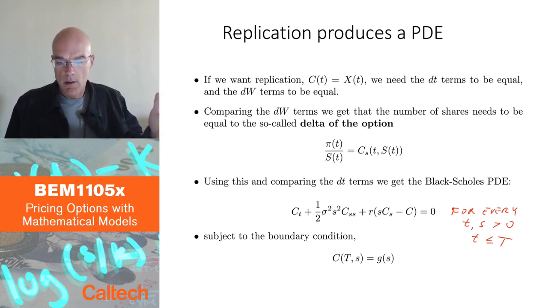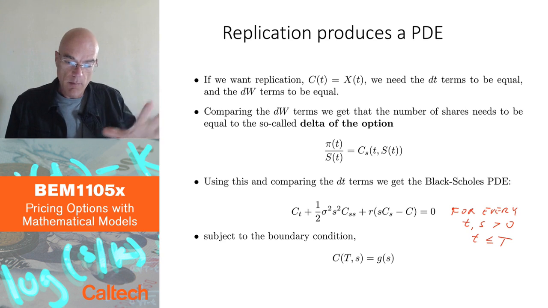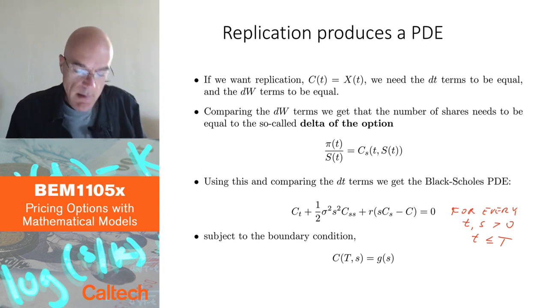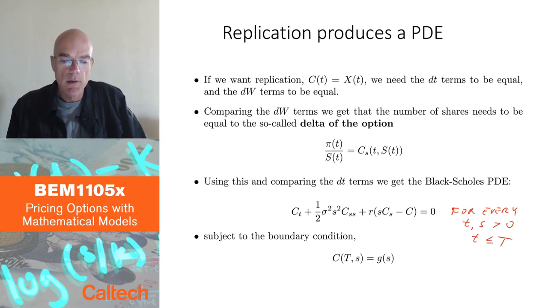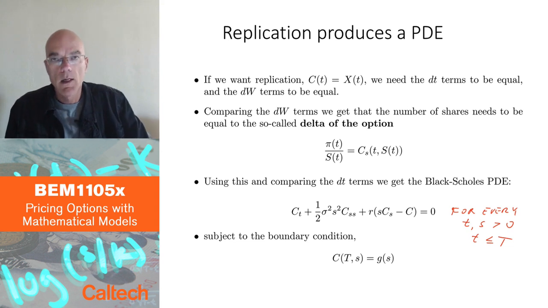Even if stocks don't really behave like a log normal distribution or a geometric Brownian motion, which is the name for this stochastic process. If everybody uses the Black-Scholes formula for options, options will look like they follow the theory. Then there was a crash in 1987, and people started thinking more seriously. They realized maybe this is not a perfect model, and maybe there are ways to improve it, which we'll talk about later.